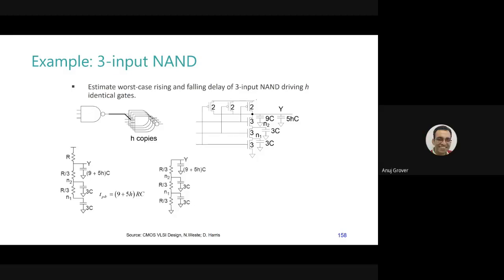Now, for the falling delay, my PMOSes are all off, but NMOSes are all on. So this will be my equivalent RC network. Am I right? Yes, sir. So by applying that earlier Elmore delay model, I arrive at a falling delay of this.